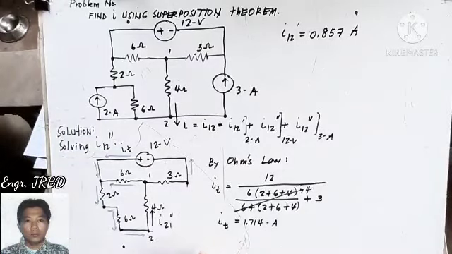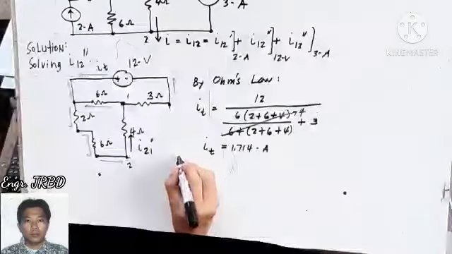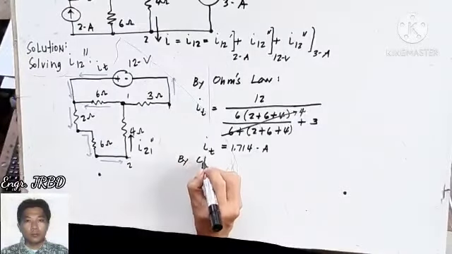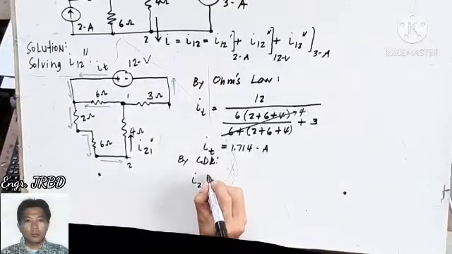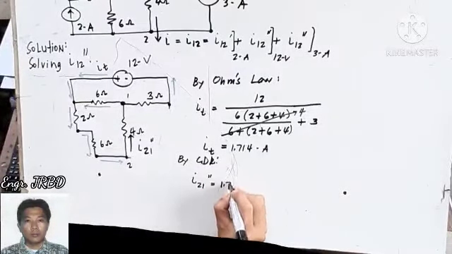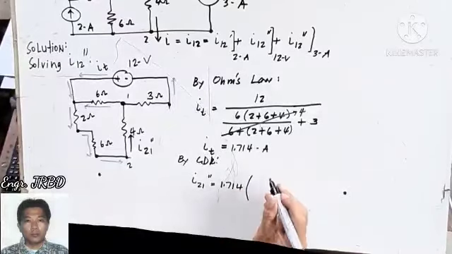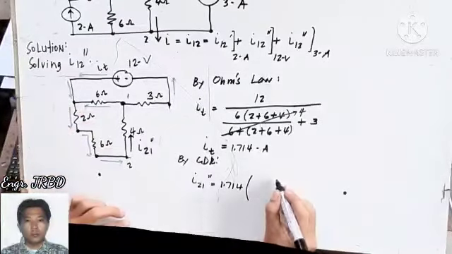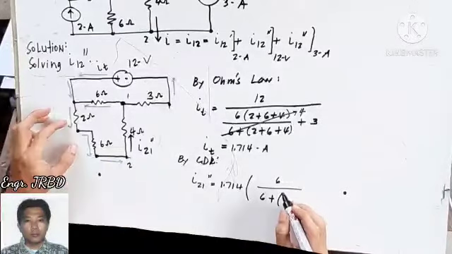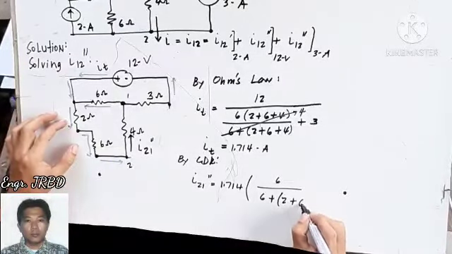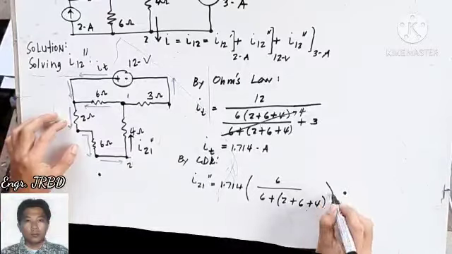1.714 amperes. And using now your current divider, by current divider, our I-21 double prime is 1.714 times 6 divided by 6 plus the series combination of 2, 6, and 4.